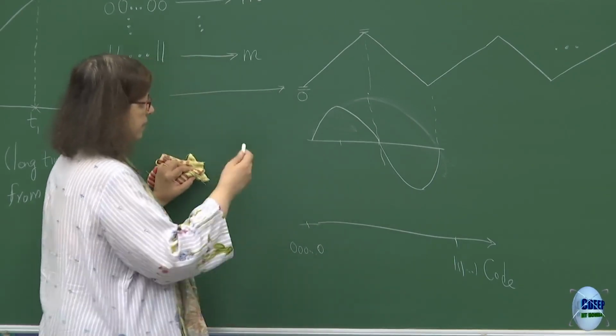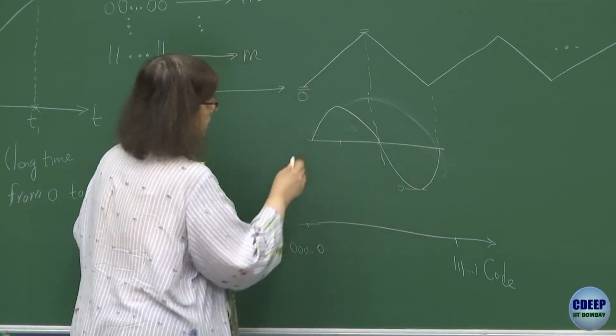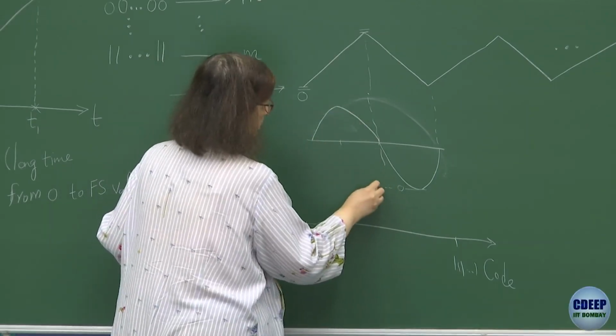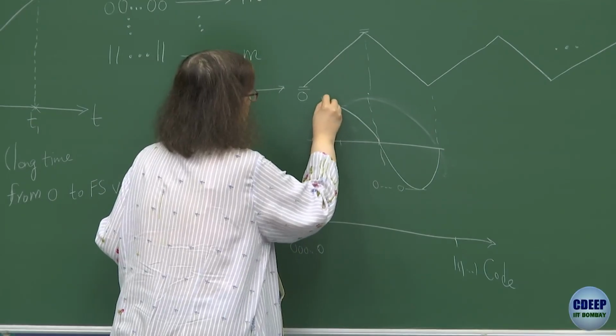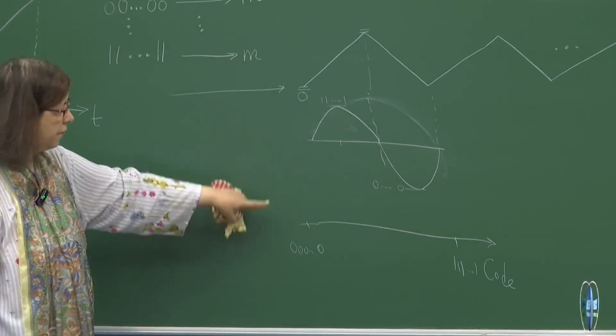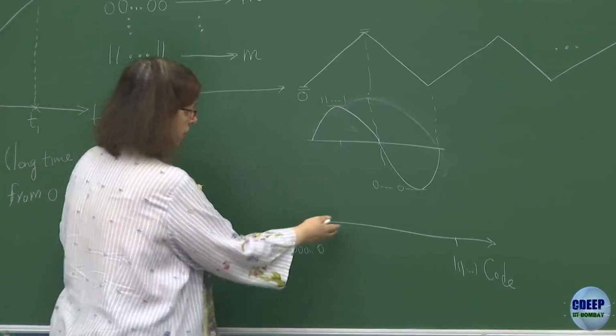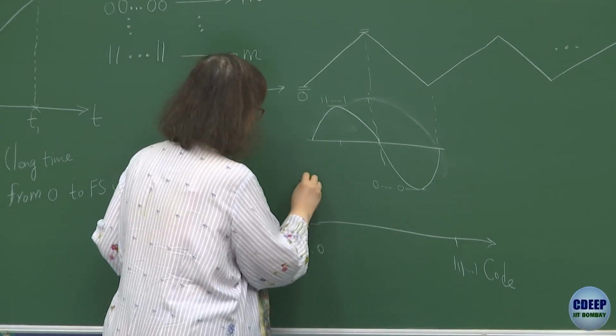Say, for example, this corresponds to all zeros and this corresponds to all ones. For the codes which are close to all zeros or close to all ones, we will have a high number of hits.